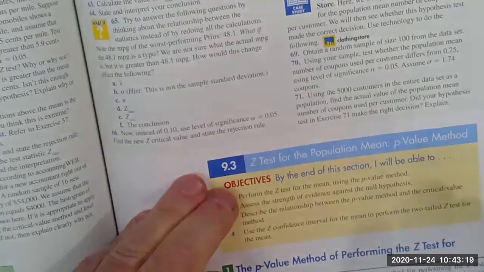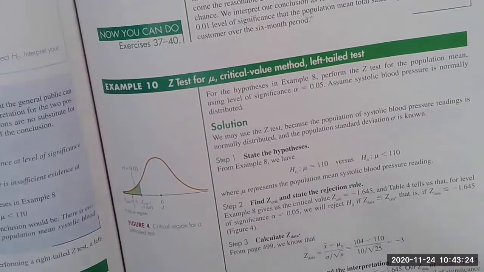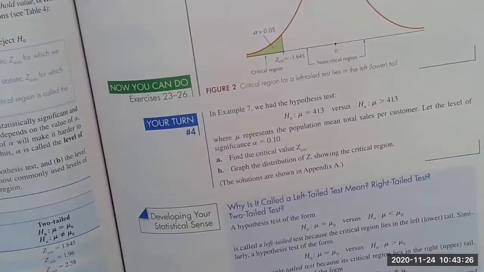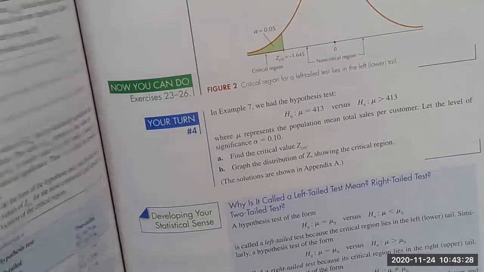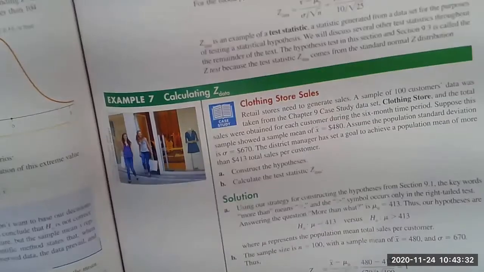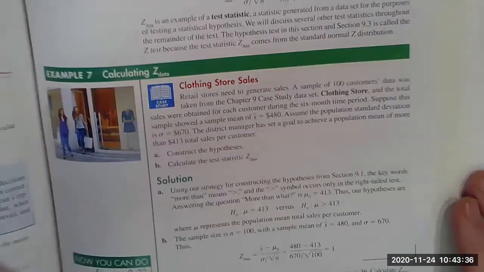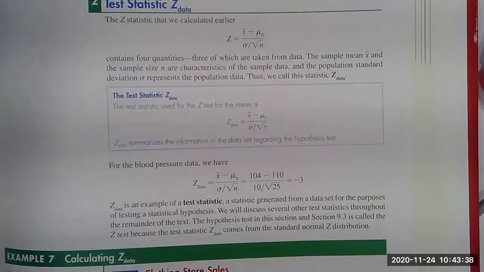Test statistic. Instead of saying data value, it means the same thing. It's like a formal definition. All right, let's go into 9.2. Test statistic. Yep, there it is. Page 499 has an example. There's many other example locations too.